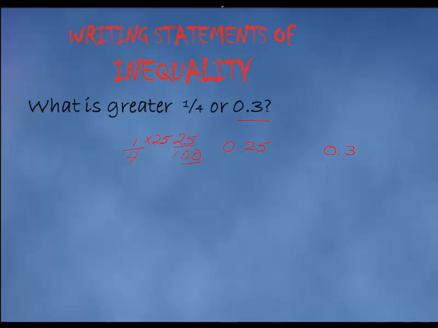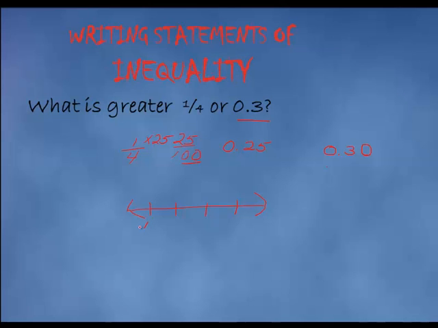We also need to make sure that each one of our decimals both have the same decimal place. Well, this is hundredths, this is tenths. And add a 0. Now they both have the same decimal place. Draw my number line, and I see that I have 3 and 2. So I'm going to divide it into 4s. 1, 2, 3, 4.